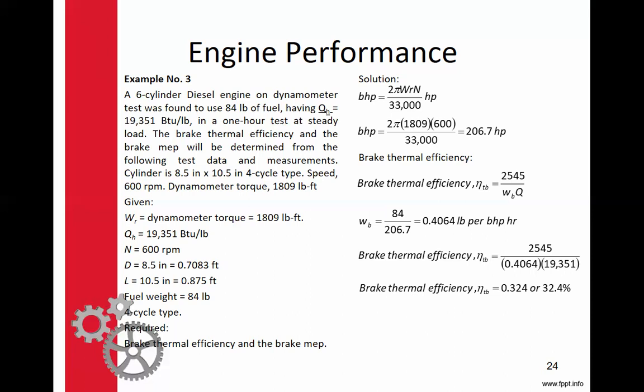Then the brake thermal efficiency, N sub TB, is equal to 2545 over W sub B times QH, and W sub B is equal to 84 over 206.7, which is 0.4064 pounds per brake horsepower-hour. So the brake thermal efficiency N sub TB is equal to 2545 over 0.4064 times 19,351, which is 0.324 or 32.4%. This is now your answer.